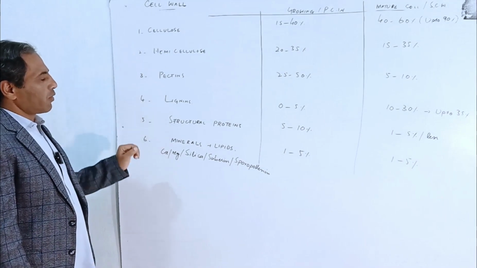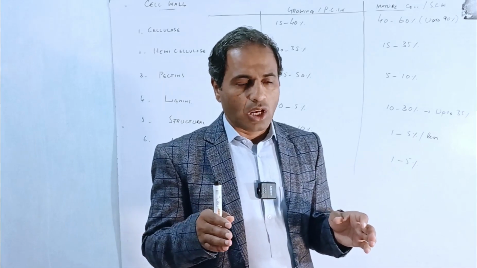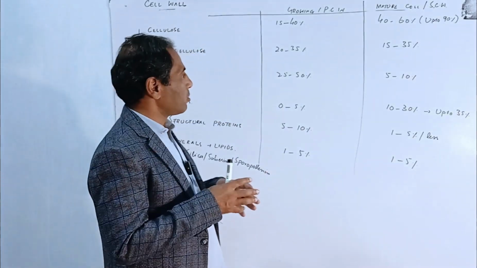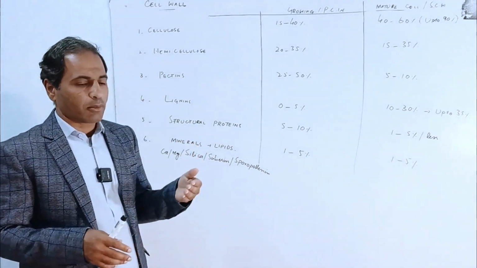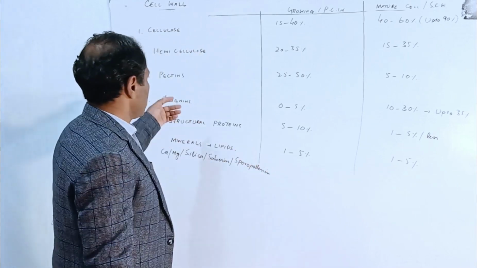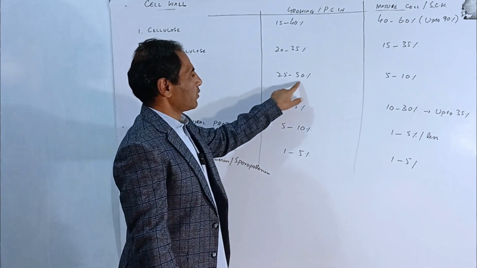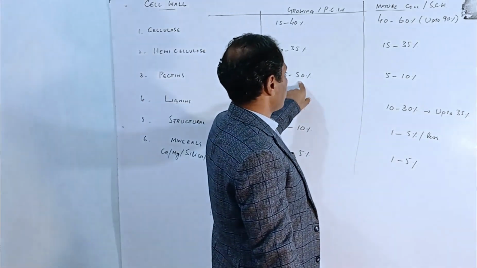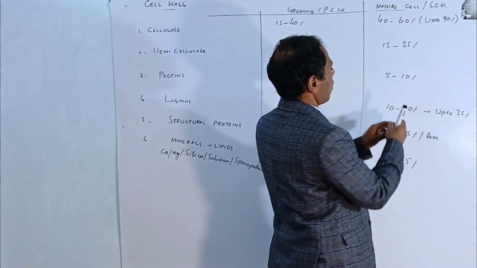Pectins are very important cementing soluble substances which contain short or long polymers, and they are associated with different types of minerals in the cell wall composition. Pectins can be found from 25 to 50% in the primary cell wall, and they are available in a low amount in the secondary cell wall.